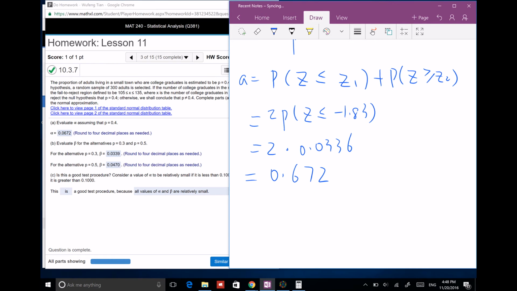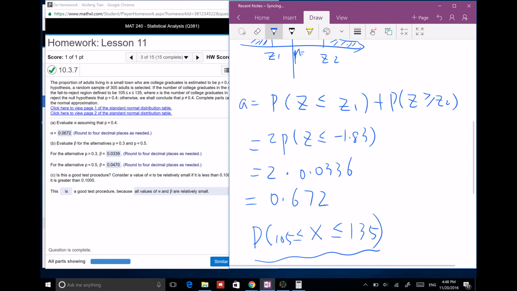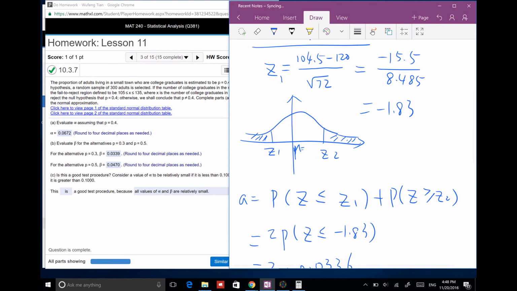Beta is the probability of x between 105 and 135, and you have to use that. You have to add 0.5 onto it.